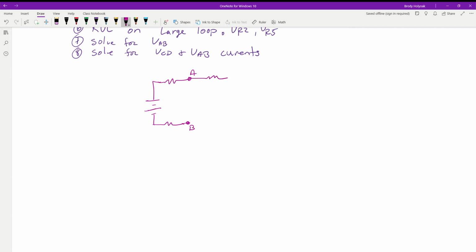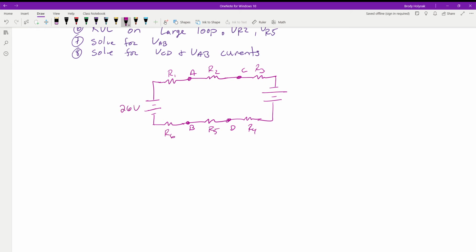We have R2 and R5. We have our other points here, which is C and D. We have our last set of resistors, 3 and 4. And then our other voltage source. So we got 1, 2, 3, 4, 5, and 6.